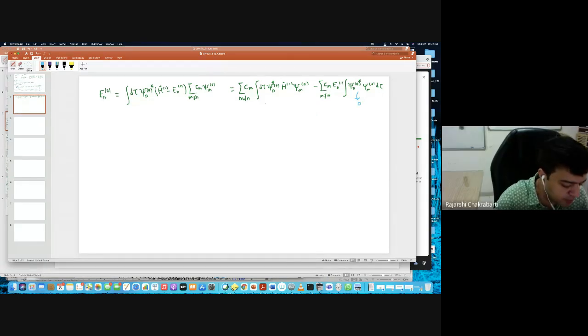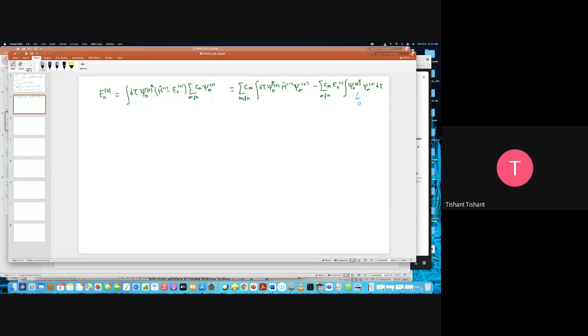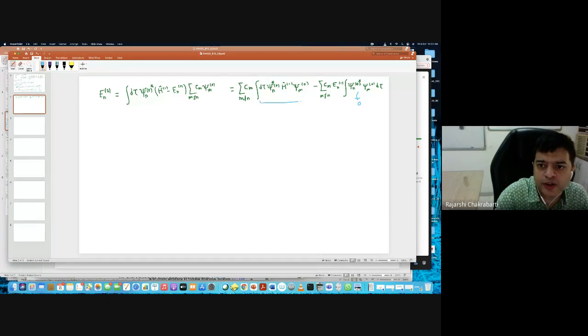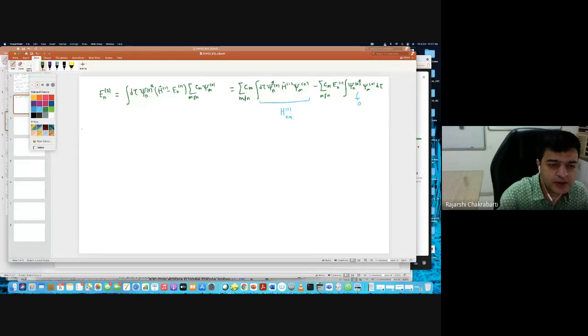So then what do I have left? I have left only one integral. And can I use a shorthand notation for this? What will be the shorthand notation? It will be the matrix element for H1, nm, isn't it? This is fine. So now I have a very neat expression for your EN2.